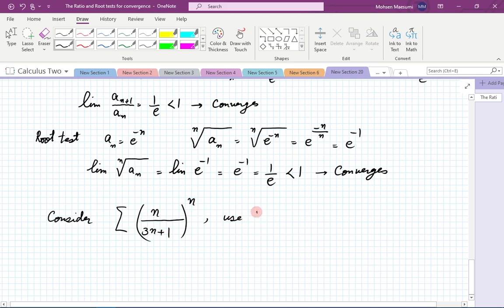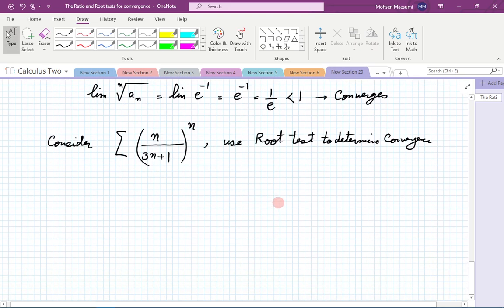Use the root test to determine convergence. Wow, the problem is telling us what test to use, so that makes it easy.